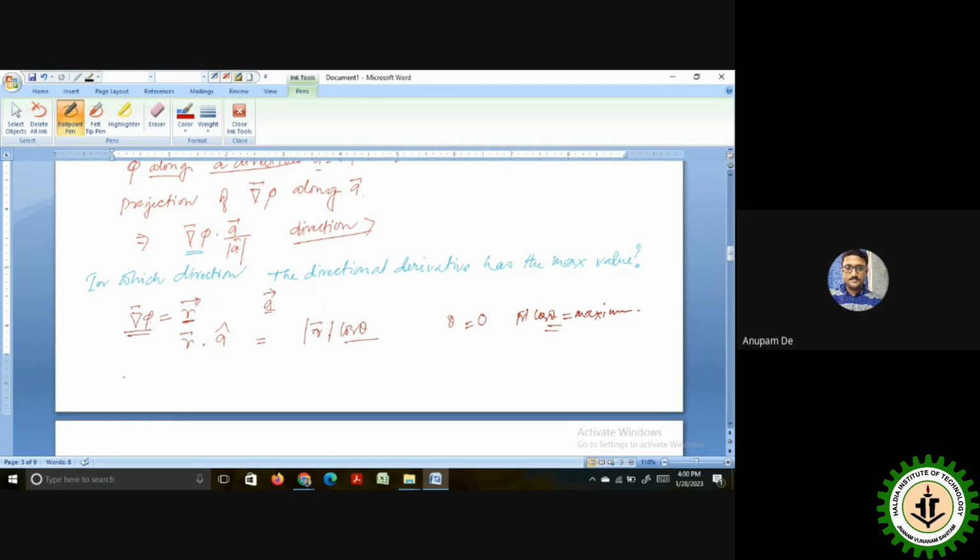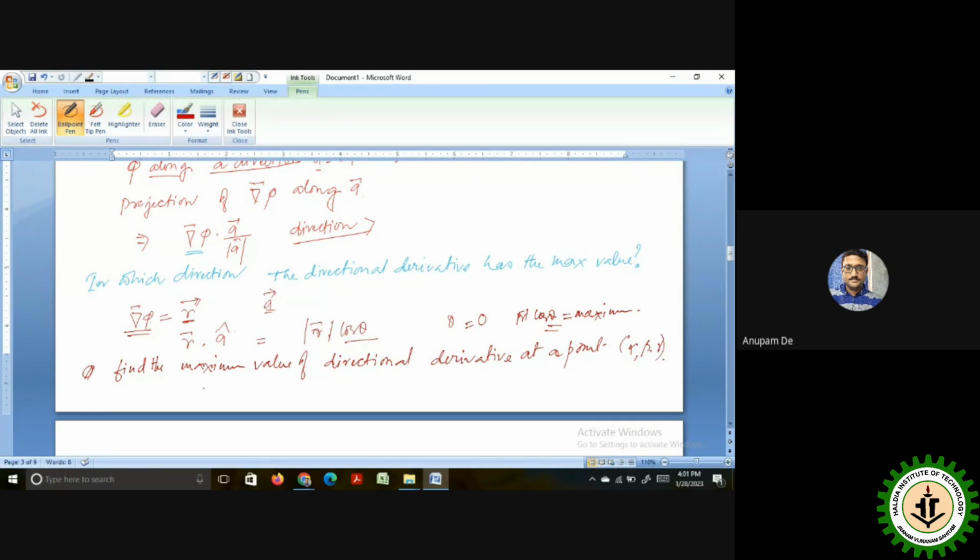Sometimes a question may come that finds the maximum value of the directional derivative at a point, say suppose alpha beta gamma.